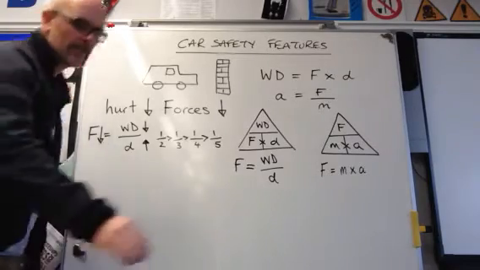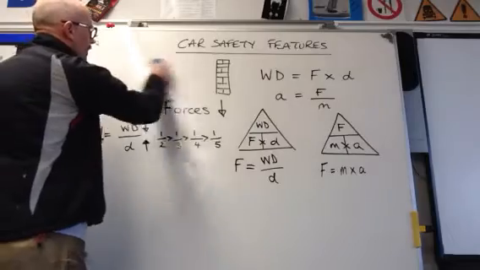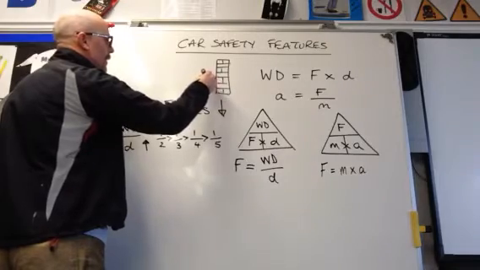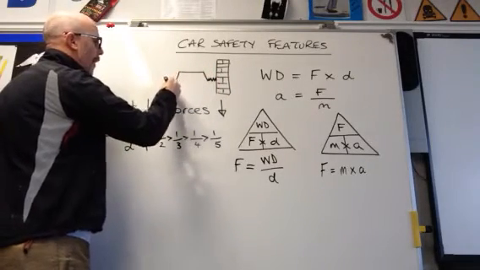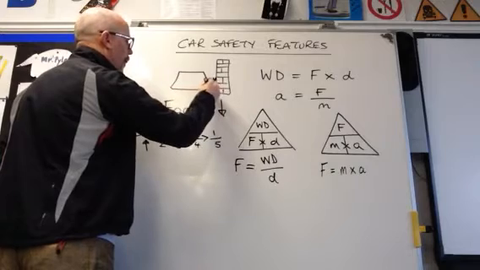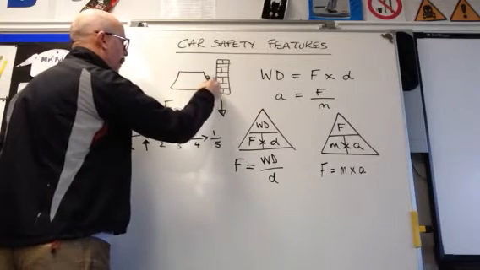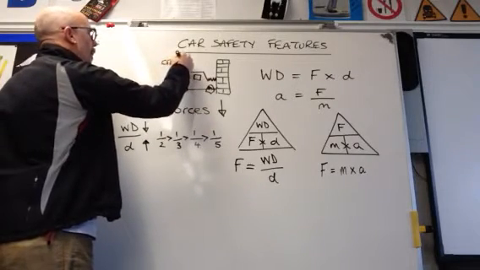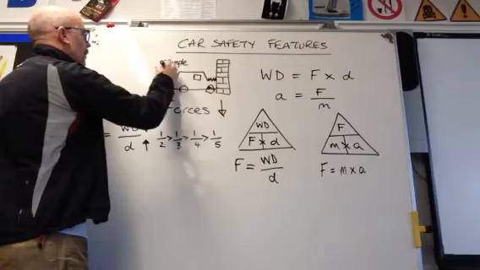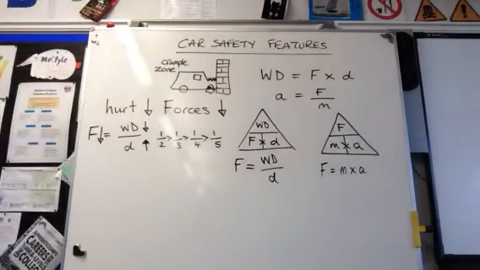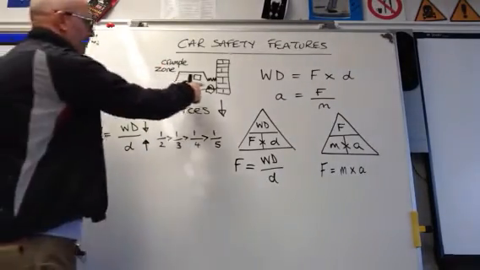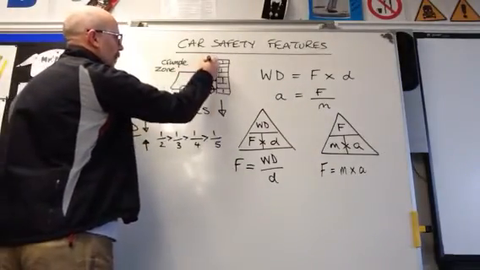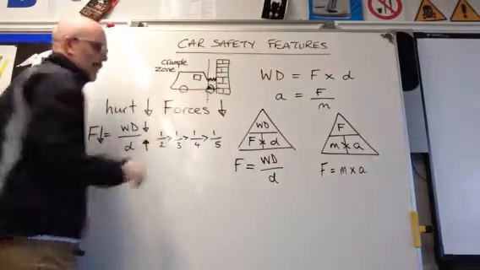The way that happens is, as the car crashes into the wall, the front end of the car crumples, and it's called a crumple zone. The passenger compartment is about there.